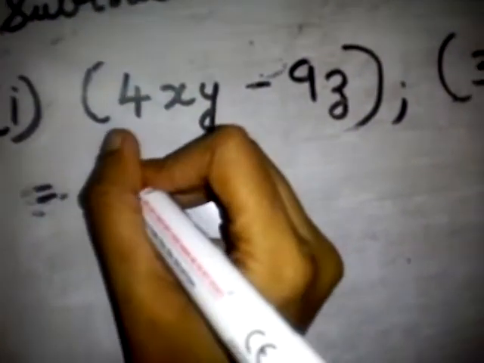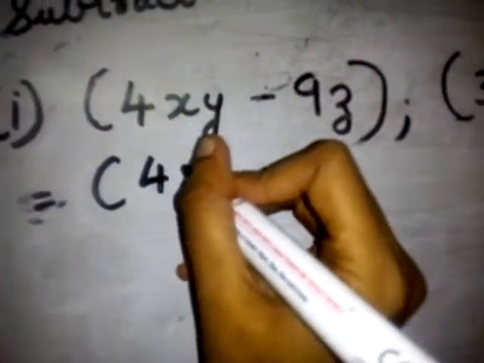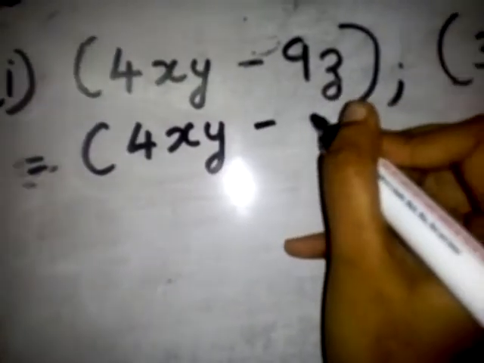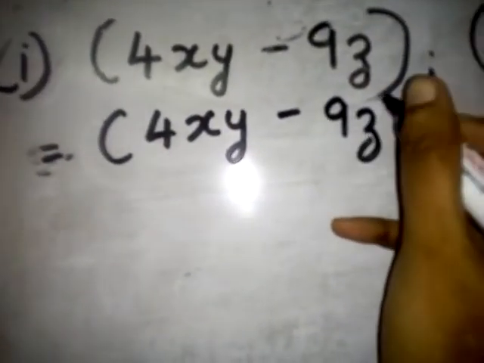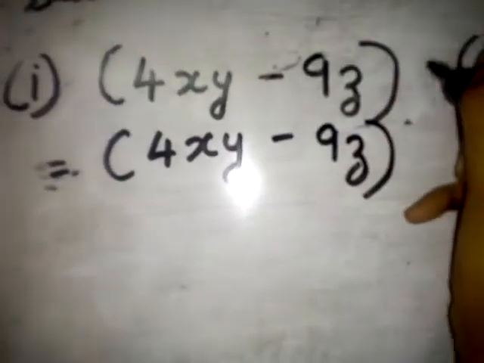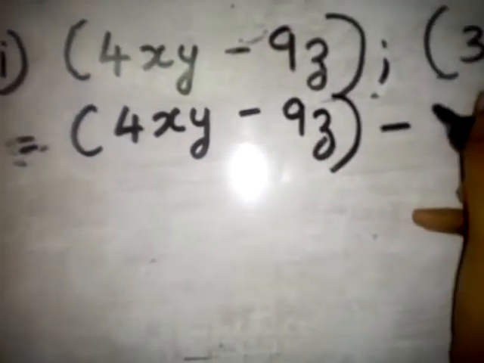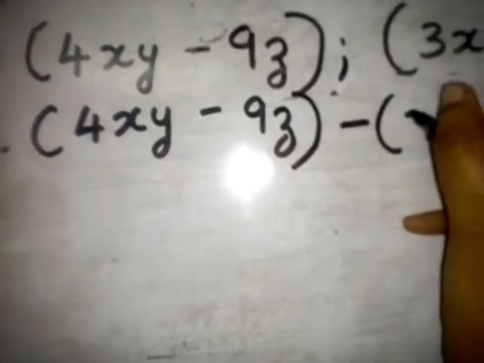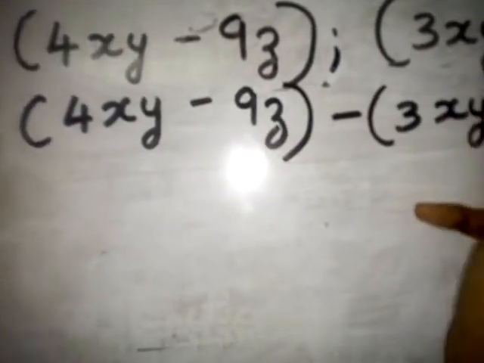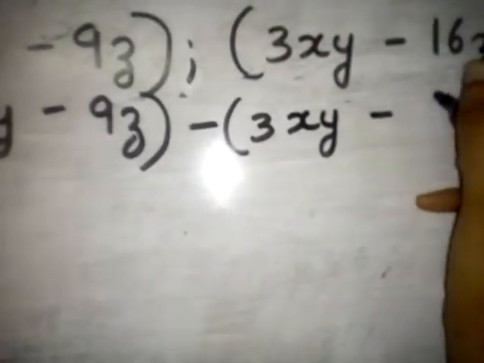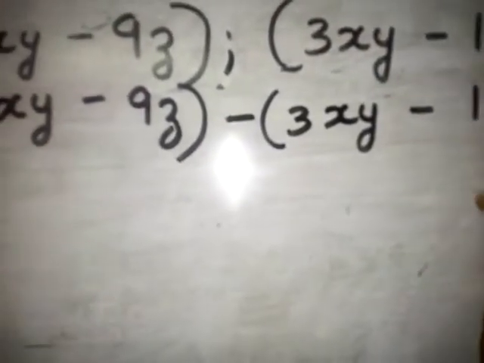That is 4xy minus 9z, in place of the comma you put a minus sign, minus 3xy minus 16z.